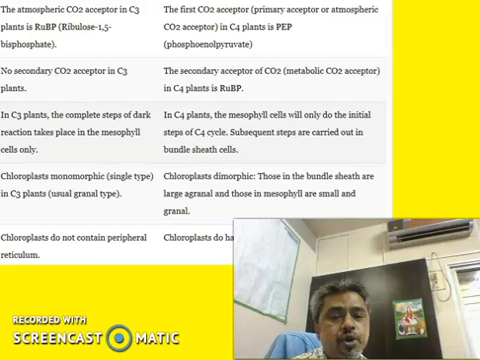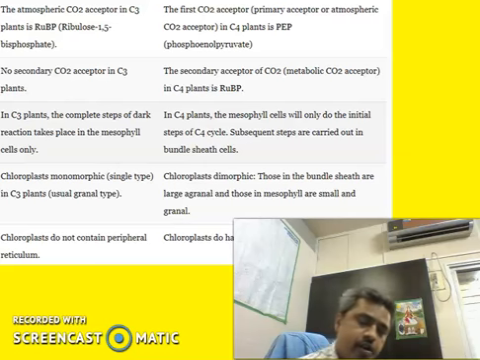Here the CO2 acceptor in C4 plant is PEP. There is no secondary CO2 acceptor in C3 plant. Here the secondary acceptor of CO2 in C4 plant is RuBP. In C3 plant, the complete dark reaction takes place in the mesophyll cells. Here in C4 plant, mesophyll only does the initial step of the C4 cycle, and subsequently it is carried out in the bundle sheath.